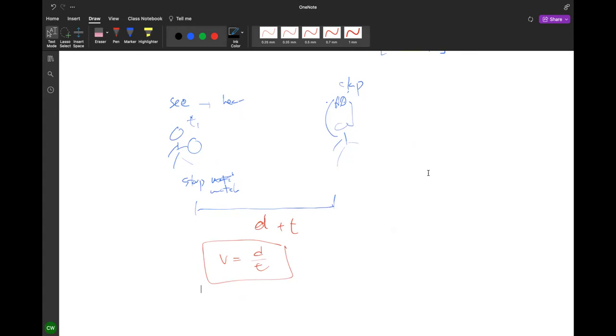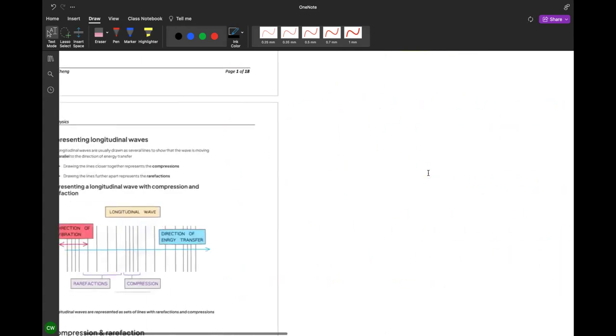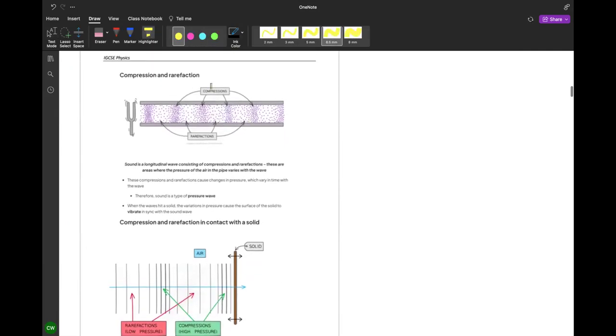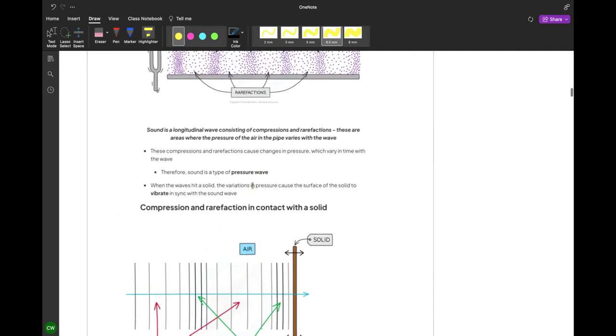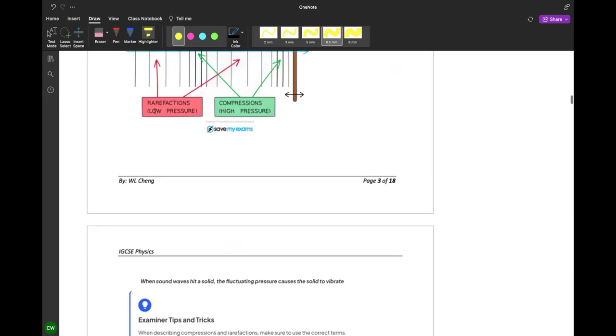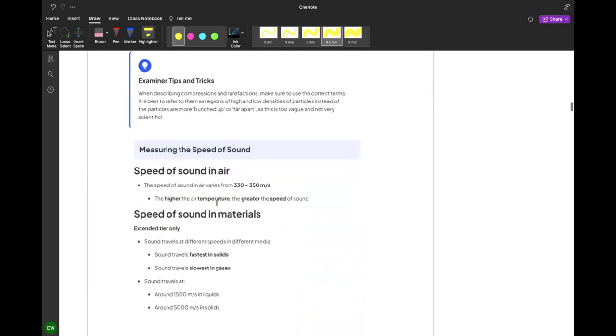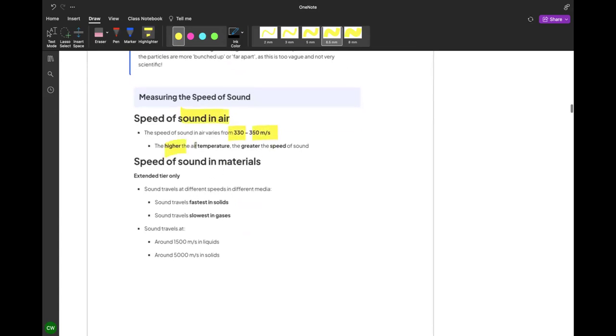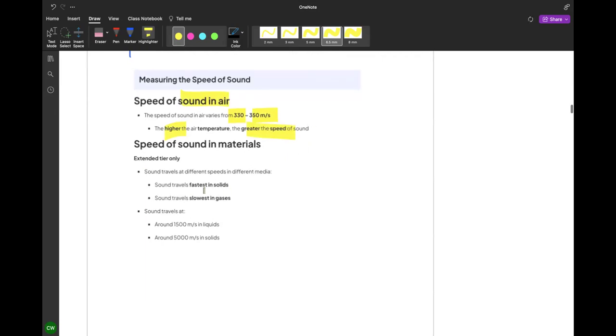Okay, so that is measuring the speed. This one you can go through yourself. It's all here, so go back and read yourself. All the definitions are here: the pressure, vibrating, low pressure is rarefaction, high pressure is compression, speed of sound in the air is 330, higher temperature, higher speed.